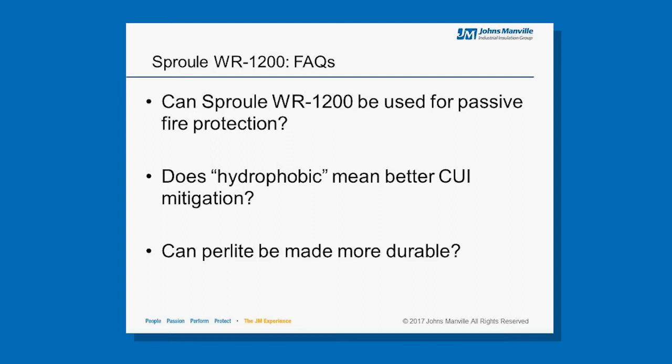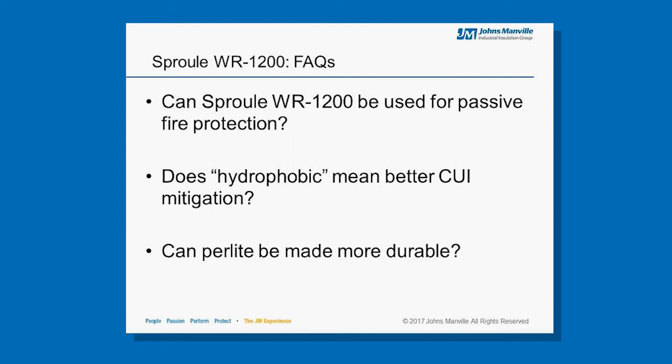So if you have an application that's cycling between 600 and 300, you may oxidize your hydrophobicity and therefore not have that type of protection that you thought you needed.